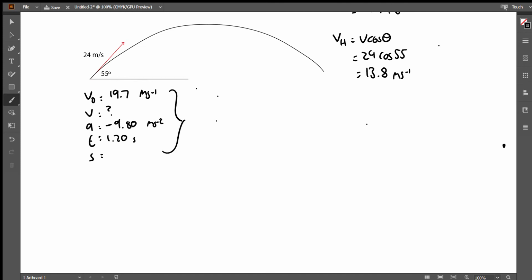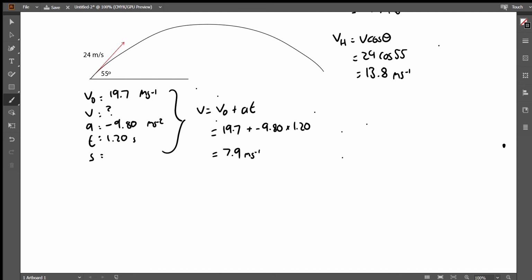Now, using one of our constant acceleration formulas, just v equals v0 plus at. Substitute some numbers in, so we have 19.7 plus negative 9.8 multiplied by 1.2. Put into the calculator, and we should get 7.9 meters per second.